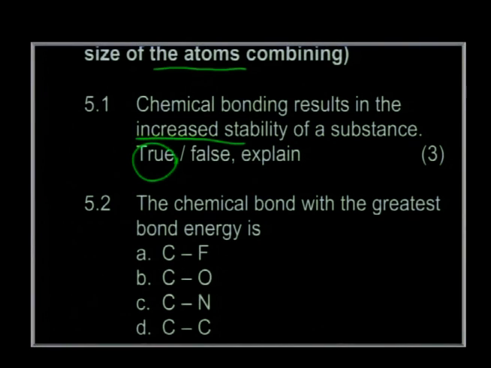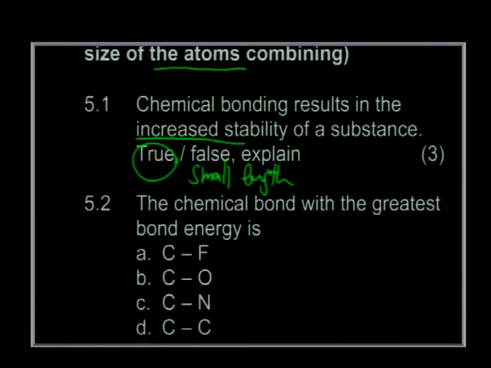And so this statement is true. The ones that have a better energy state are storing energy. So the length between the atoms is the smallest. They're a small length, and that gives them the stability.